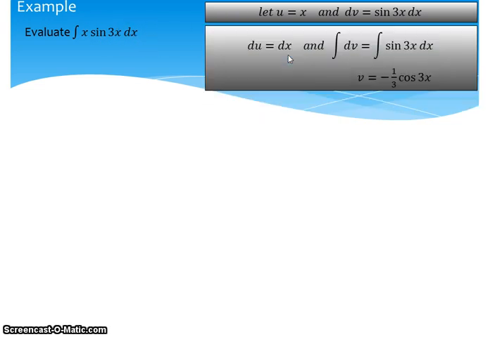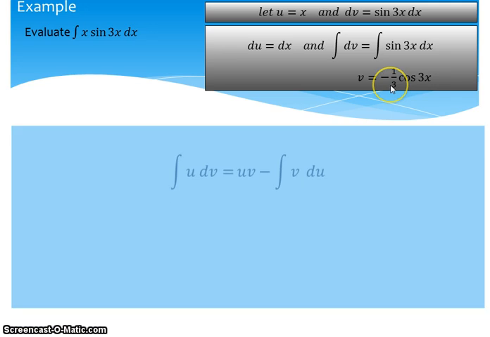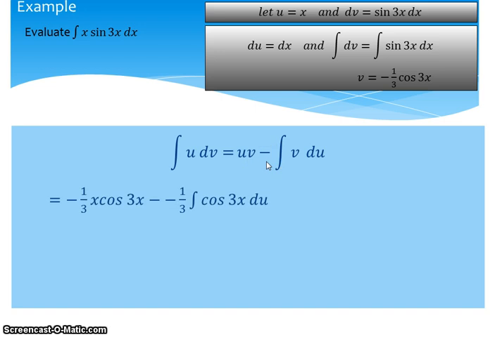I differentiate u with respect to x, I end up getting du is equal to dx. I integrate dv, I integrate sine of 3x with respect to x. Over here I get v is equal to negative 1/3 of cos of 3x. After that, it's just writing the rule for integration by parts and carrying out the appropriate substitution. So my u was x times negative 1/3 cos of 3x minus negative 1/3 the integral of cos 3x du.